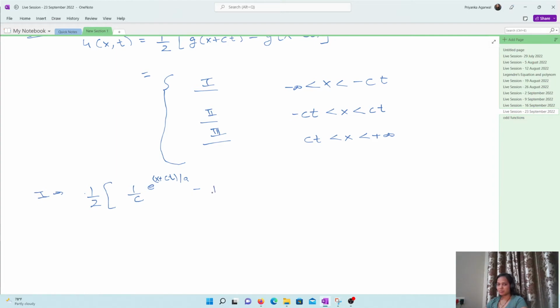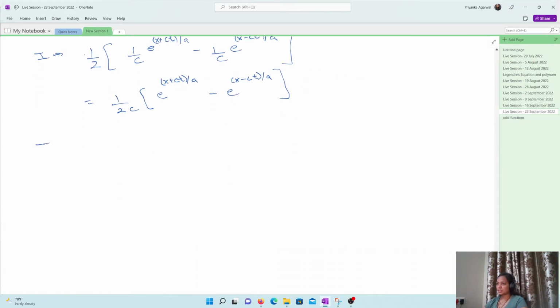So this will be 1 by c e to the power x minus ct over a. Okay. So we have this 1 by 2c, e to the power x plus ct over a minus e to the power x minus ct over a.